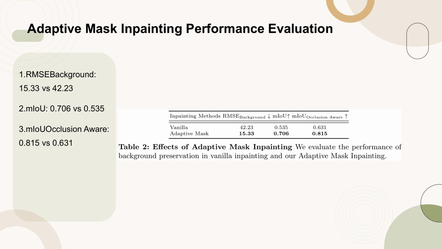Specifically, adaptive mask in-painting achieves a RMSE background of 15.33 compared to 42.23 for vanilla in-painting, an MIoU of 0.706 versus 0.535, and an MIoU occlusion aware of 0.815 against 0.631.